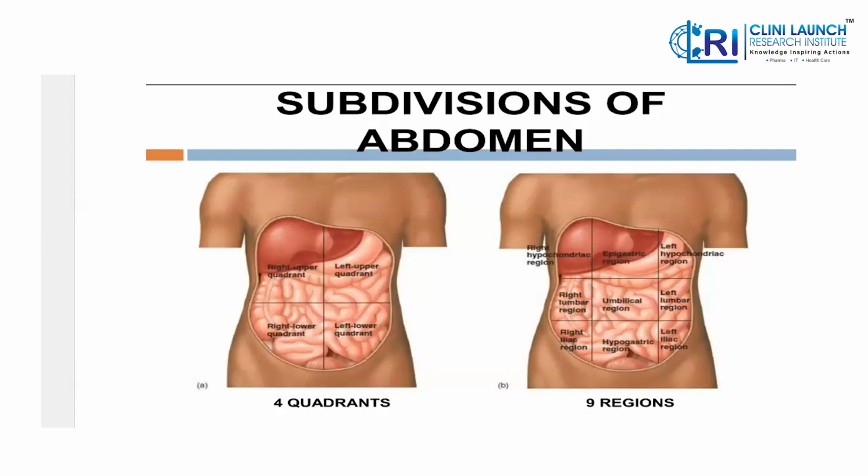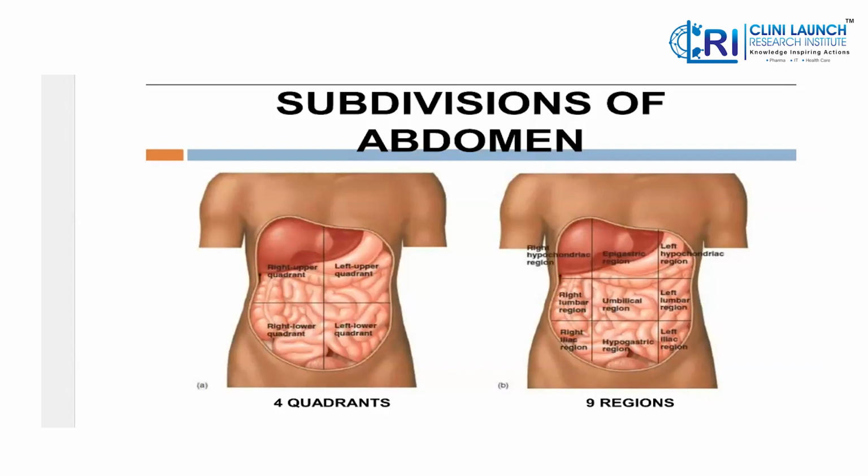When you are sitting in front of the screen. But if you see the same side, your extreme left upper would be the left hypochondriac, the upper middle would be epigastric, and then the right one would be the right hypochondriac region.